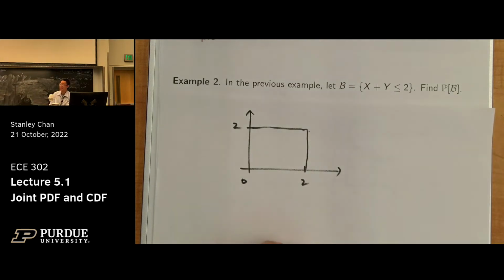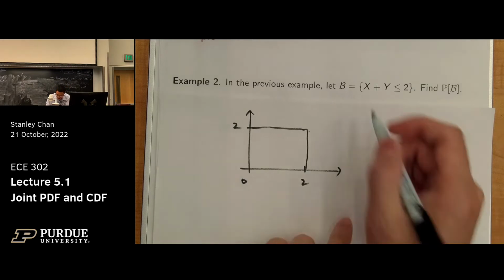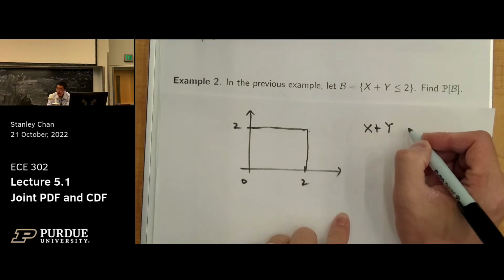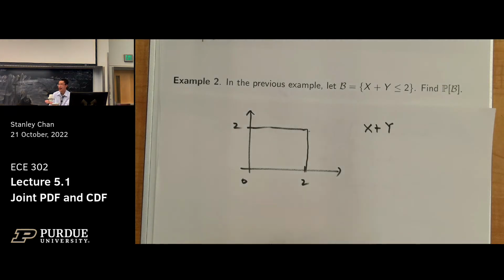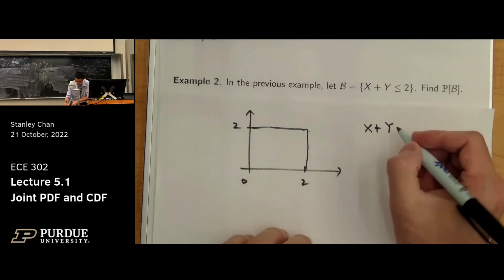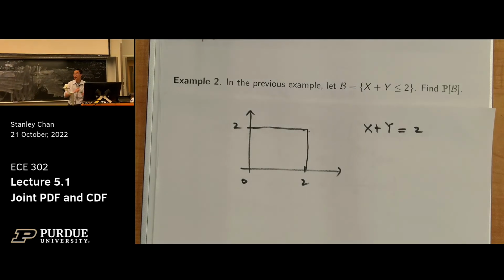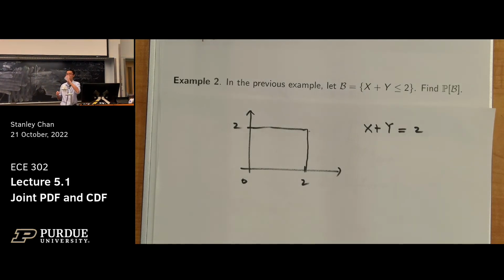Okay, so the first thing, if you forget about the calculus, follow me. You have this equation, x plus y less than or equal to 2. Ignore the less than or equal to, okay? Just make it equal to. What is this line?